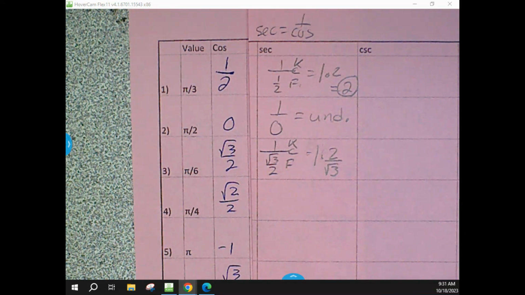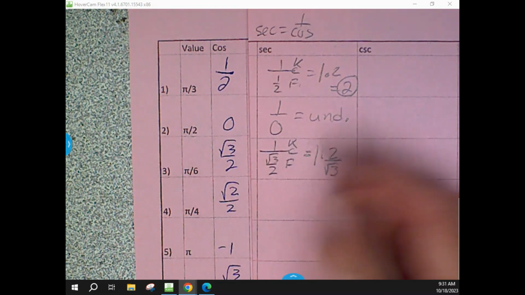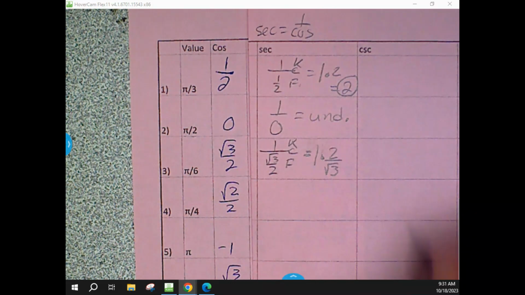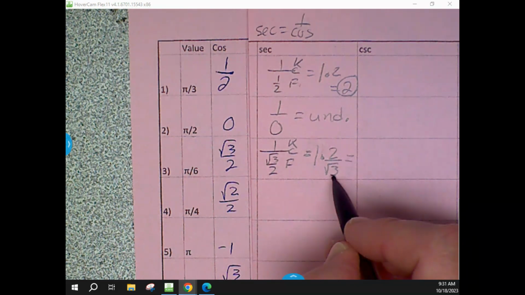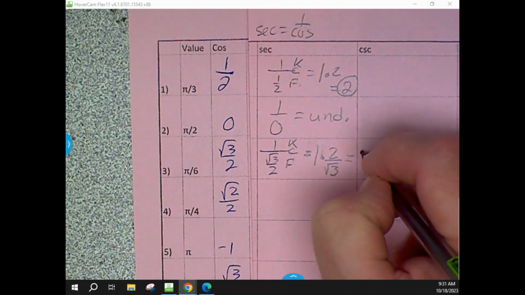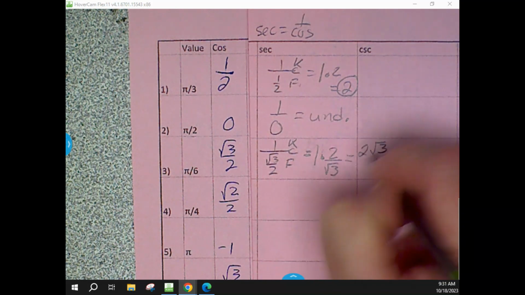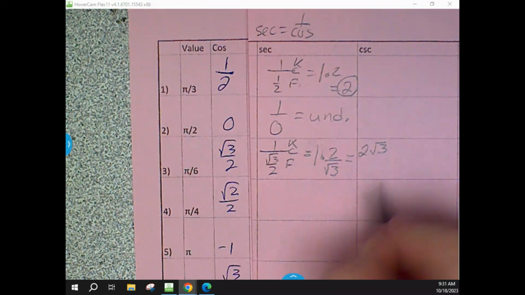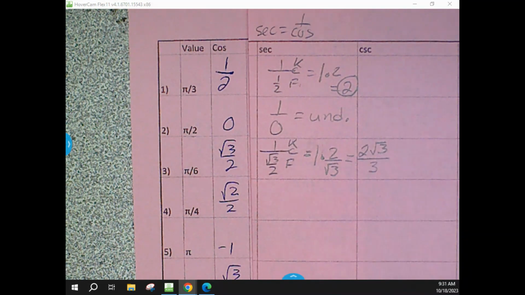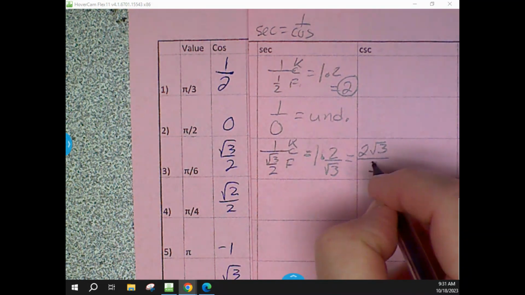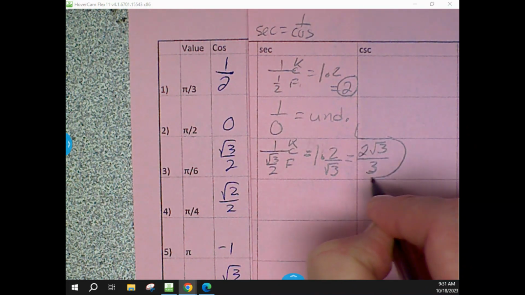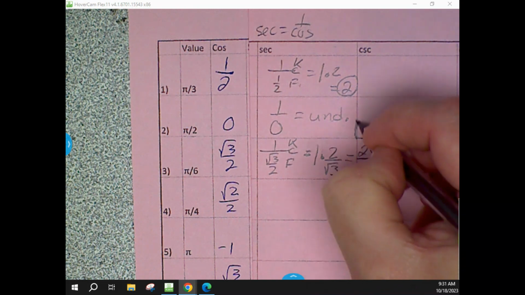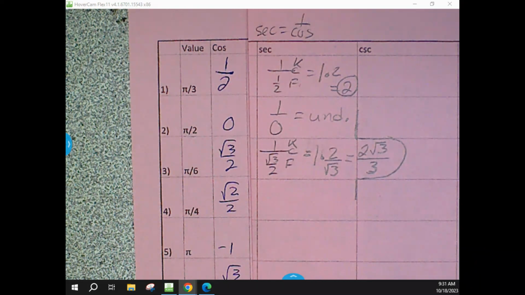Okay, now the good news on this one is if it's 1 over or 1 times, we're not really going to have to worry about the 1. It's 2 over square root of 3. But again, they say, all right, if you do this one, you cannot leave that square root of 3 in the denominator, so we're going to rationalize it. So we're going to move that square root of 3 from the bottom to the top. And on the bottom, we're going to leave just the number, so we're going to leave just a 3 there. So for this one, we'll kind of do that for our secant answer.